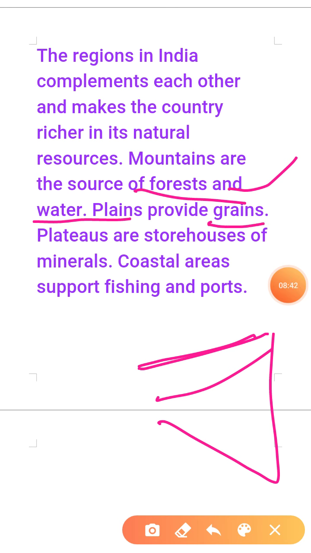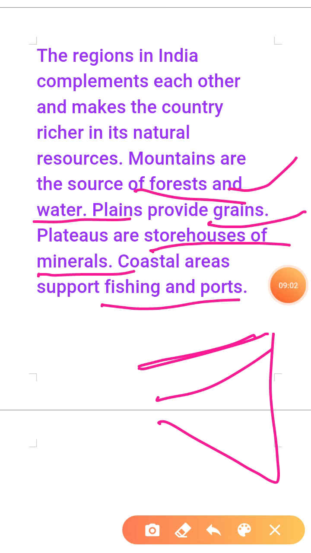Plains provide grain, they are called the granary because they produce different kinds of grain due to alluvial soil. The plateau is a storehouse of minerals: we get different kinds of minerals, metallic, non-metallic, iron, non-iron. And coastal areas support fishing and ports.